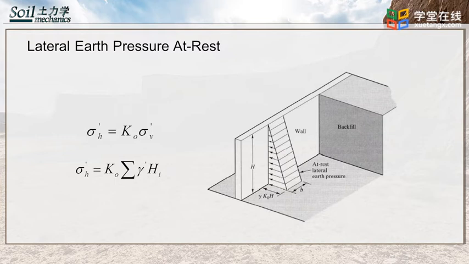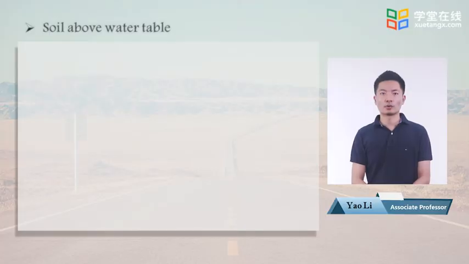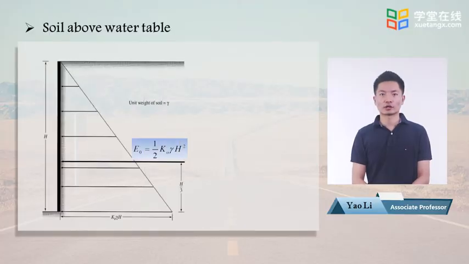When the backfill contains multiple layers of soils, the second equation can be used to calculate its effective horizontal stress. For soil above water table, we can easily calculate the total force per unit length, E, using the equation as we can see.